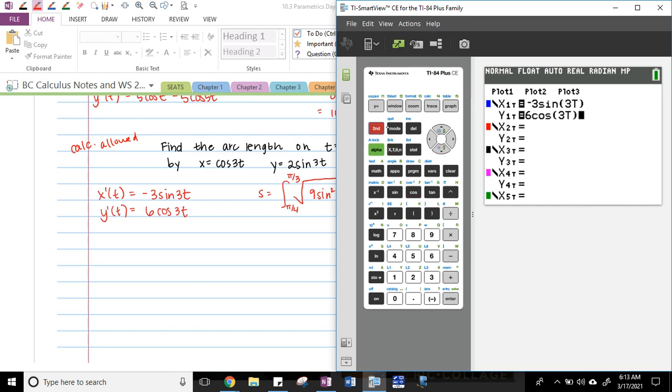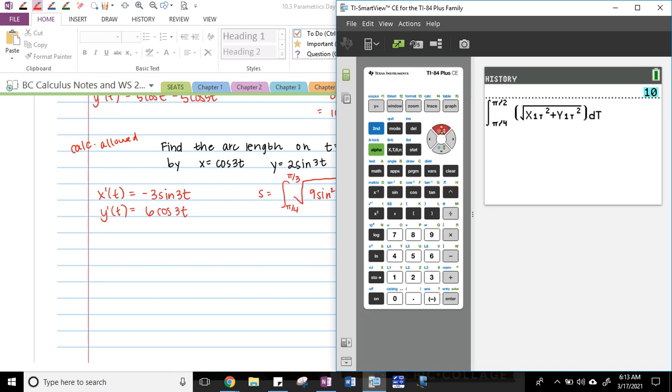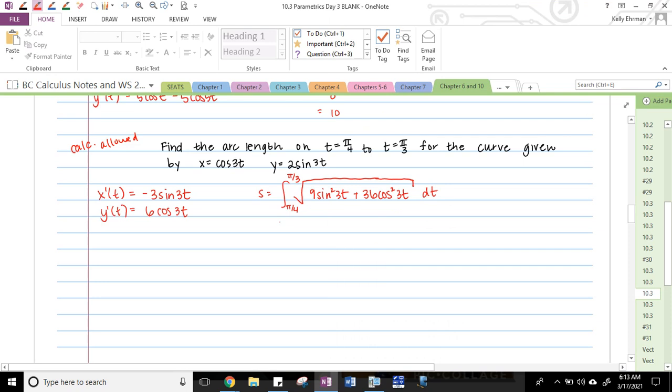I don't think you're going to have that much efficiency either way. So this is supposed to be pi/4, and that one needs to become pi/3. And we'll round that to 1.456. We don't have any units on this, but these would be linear lengths like inches, feet, meters, whatever.